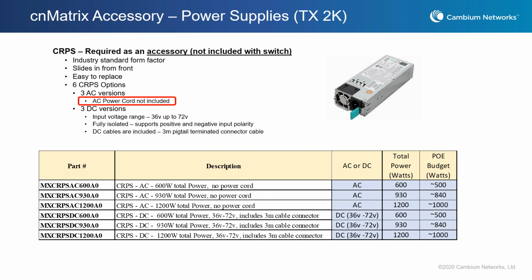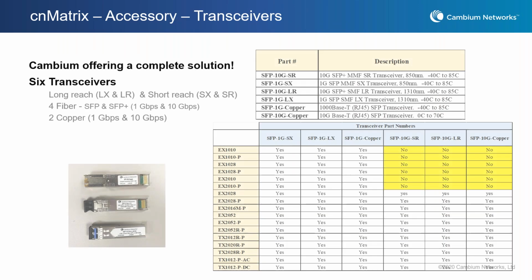Now, we have the 6 different types that I mentioned. For the AC versions, they don't ship with power cords. Again, depending on what region in the world you live in, you might need a different type of power cord. So we leave it up to the customer to get their own power cords, and I haven't had any pushback on that. So these are the CRPS units as an accessory.